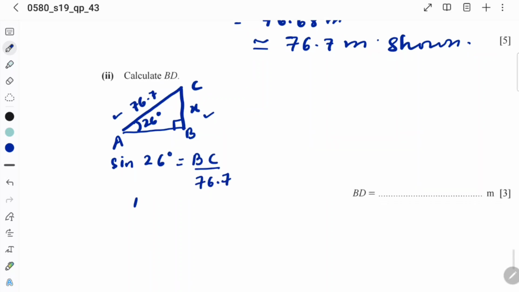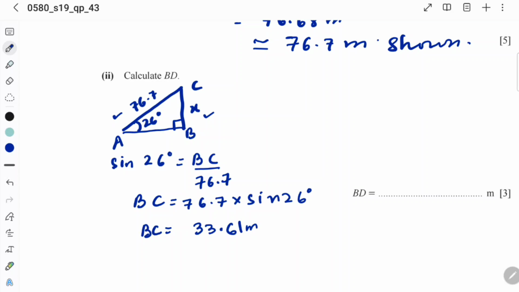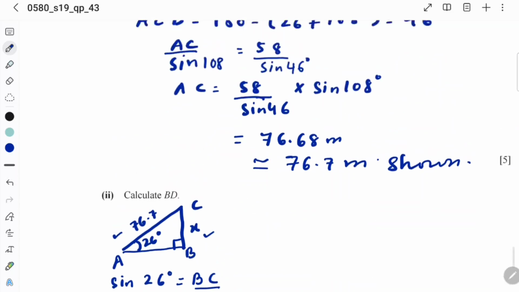So side BC will be 76.7 times sine of 26 degrees, and you will get 33.61 meters as side BC. Now we can calculate the unknown side BD, which is required in this question.